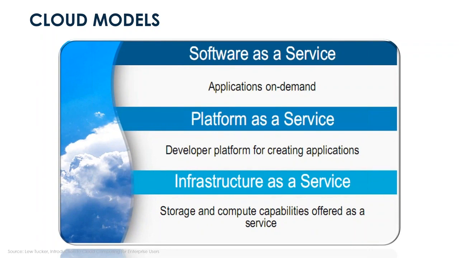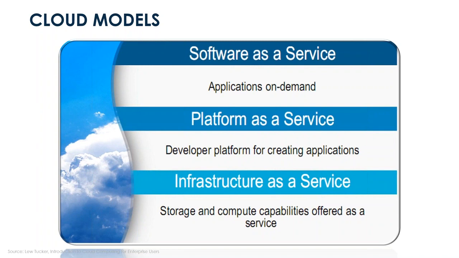So infrastructure as a service acts as a fundamental building block, where you talk of building your storage and compute capabilities that are necessary for a cloud platform. And platform as a service is more where you can create and build applications in that space.